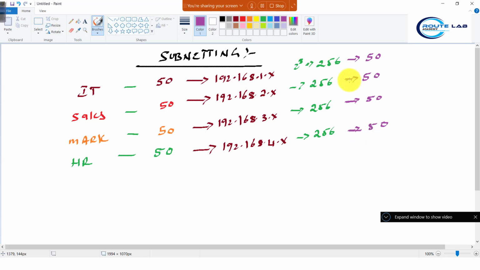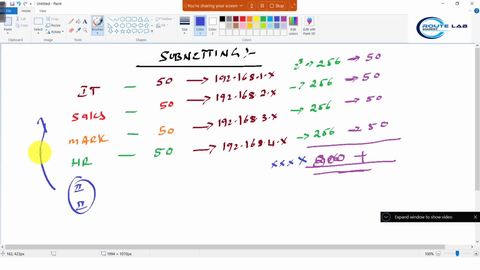So 256 minus 50, remaining 206 addresses on each and every network. Simply I'm wasting, right? If I count all this, it is going to become 800 plus addresses. I'm not able to use these addresses anywhere in my network, because if I use them for other departments, they will communicate with each other, right?